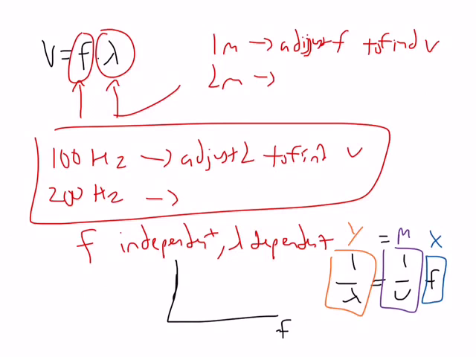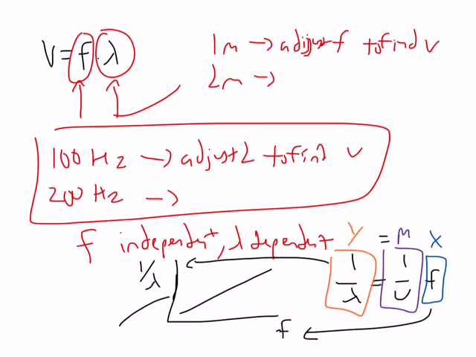So this tells us that our independent variable, the frequency, is on the x-axis. That's correct. This tells us that our y variable can't just be lambda. It has to be 1 over lambda, right? That's what goes there. And we'll get something that is linear, but the slope is 1 over v. And so we can use the slope of the graph to calculate the velocity.